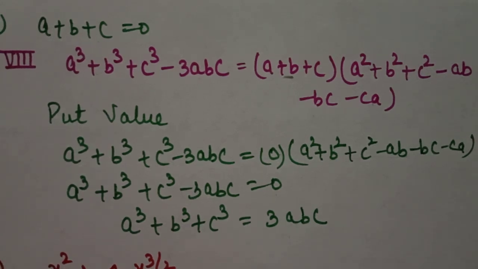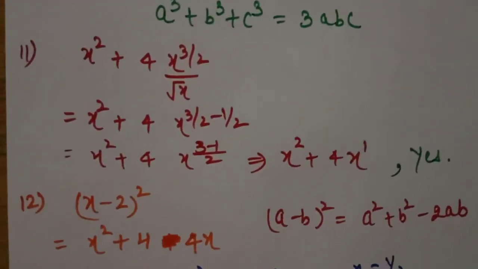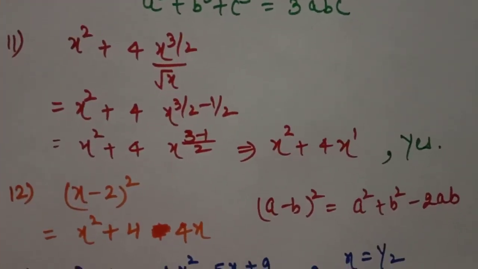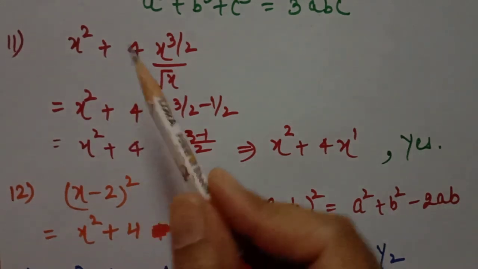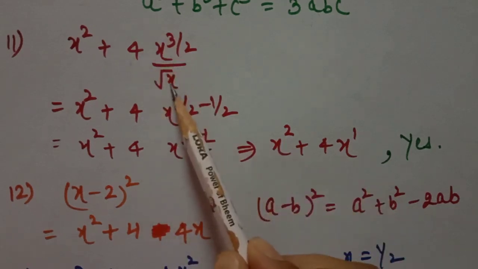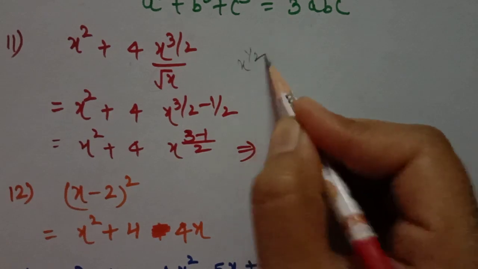Now question number 11. Very short answers. Question number 11 is, we have to give a reason or we have to tell that this number is a polynomial or not. So we have to solve it. First of all, we have to solve this denominator. Root x means x raised to the power half.